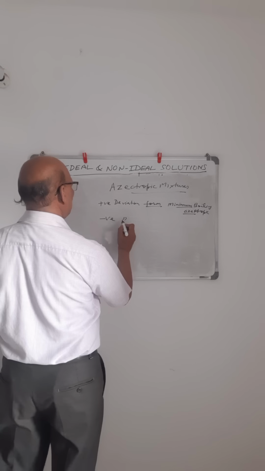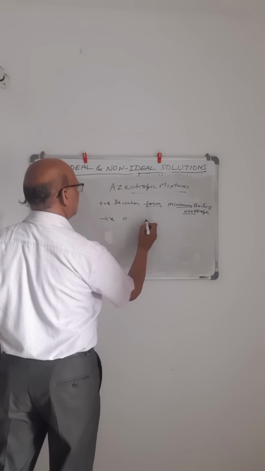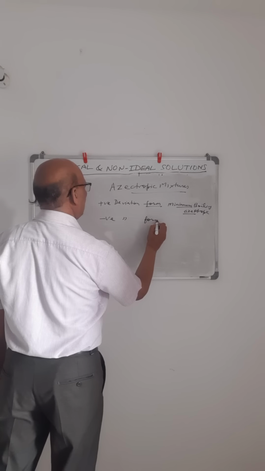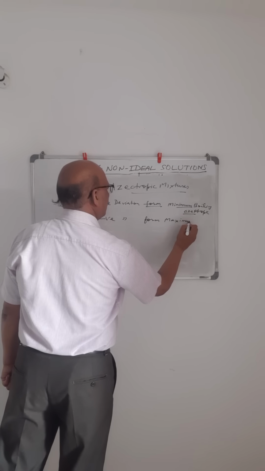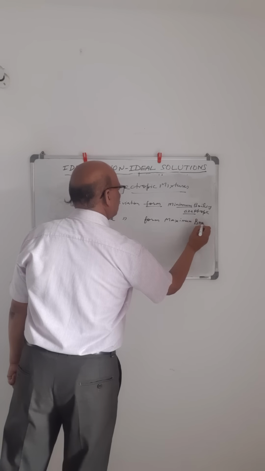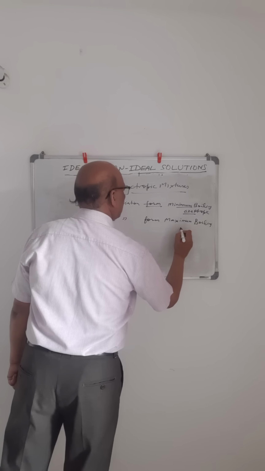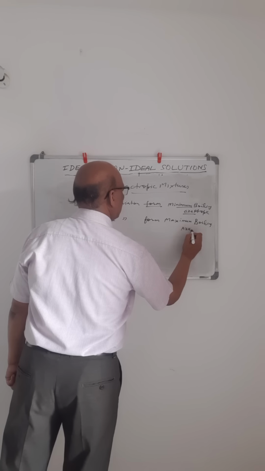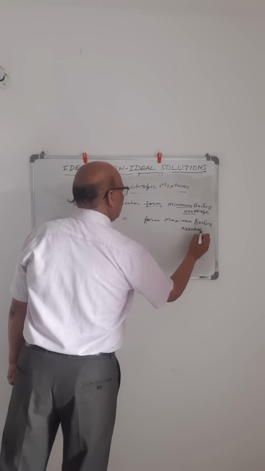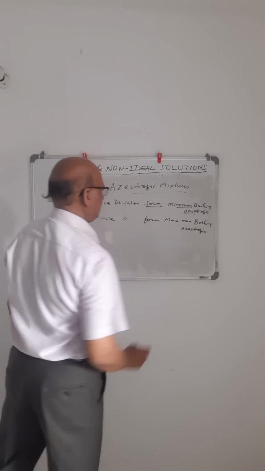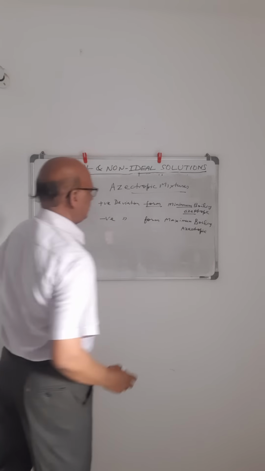And similarly, the solutions which show negative deviations will form maximum boiling azeotropes. That means their boiling point at that particular concentration will be higher than the individual boiling points of the two components.